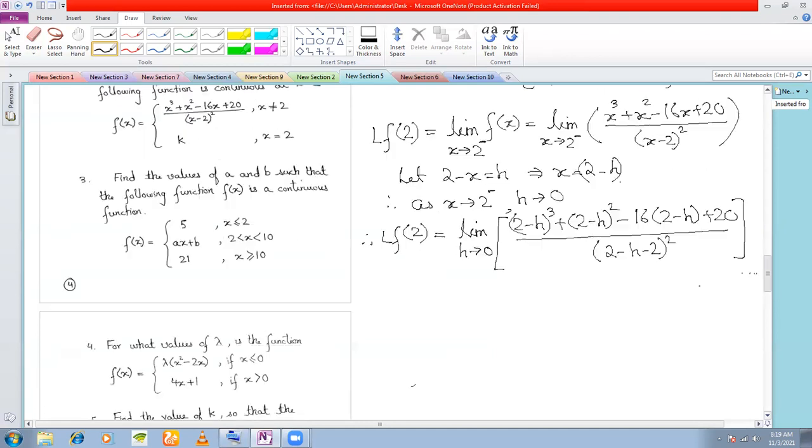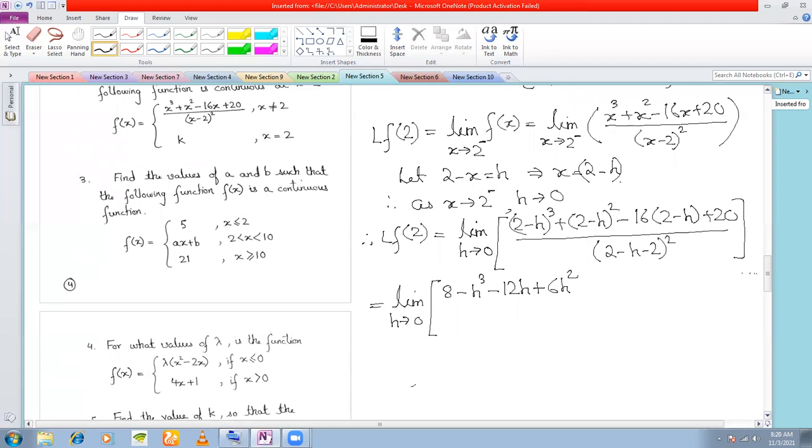In order to evaluate this limit, in the numerator you have (2 minus h) whole cube and (2 minus h) whole square. You expand them by the (a minus b) whole cube and (a minus b) whole square formulas. If you expand, you get a cube minus b cube minus thrice a square b, which is 12h, plus thrice a b square, 6h square.